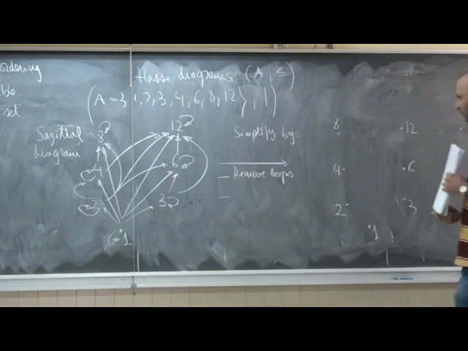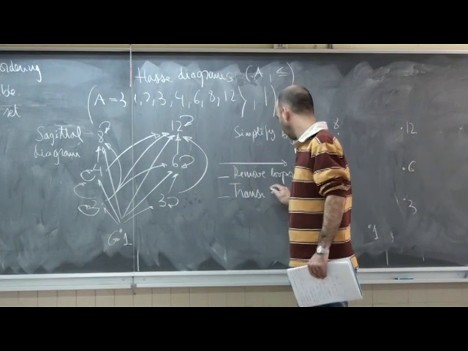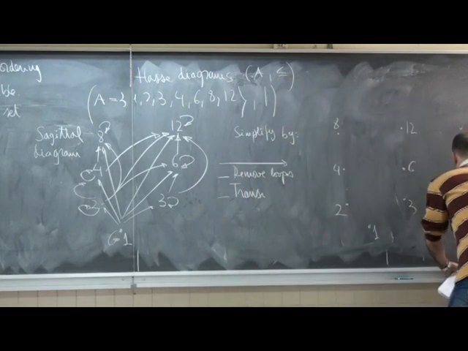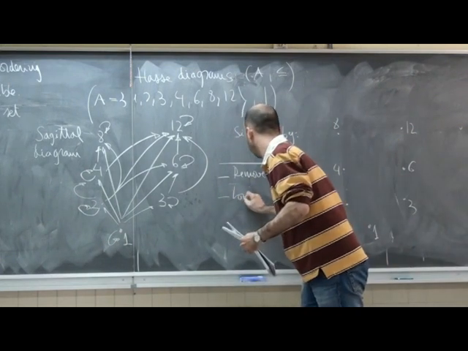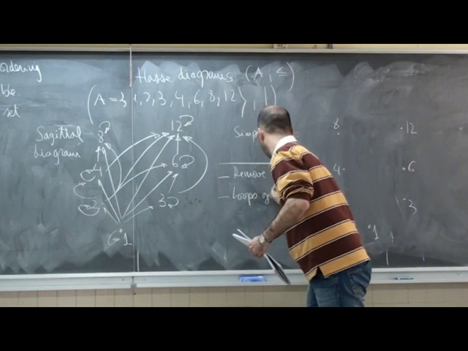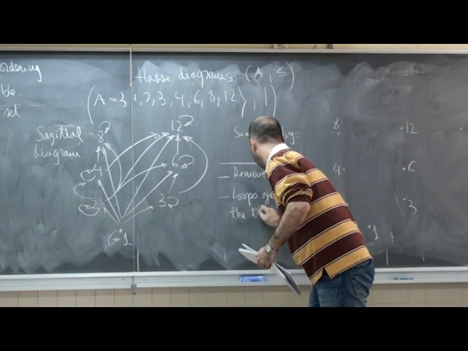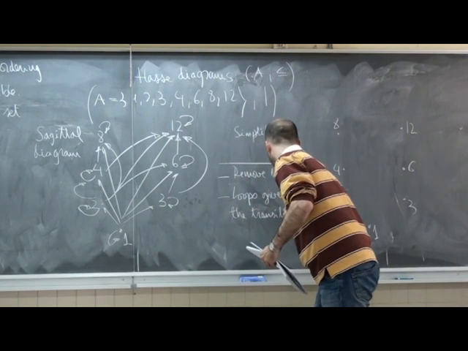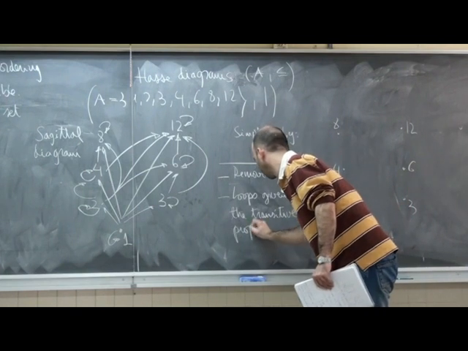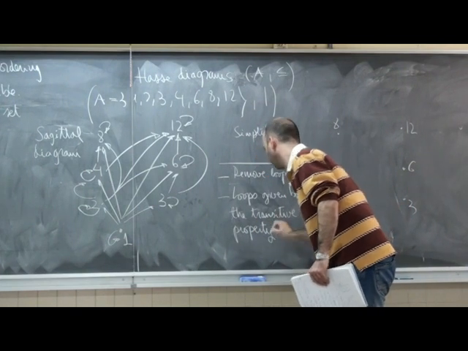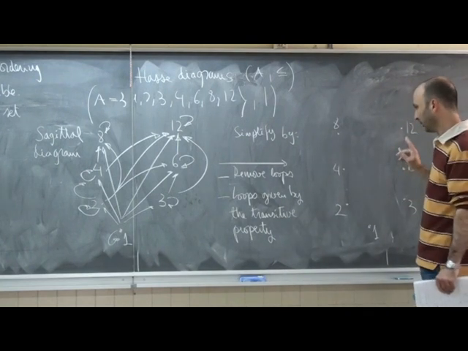Okay, 1 divides 2, and 2 divides 6. That's transitive. Loops given by the transitive. Yeah. So in this case, it would mean the following.